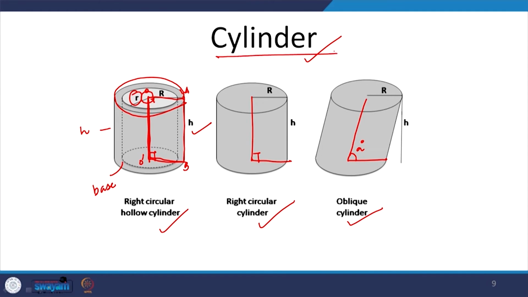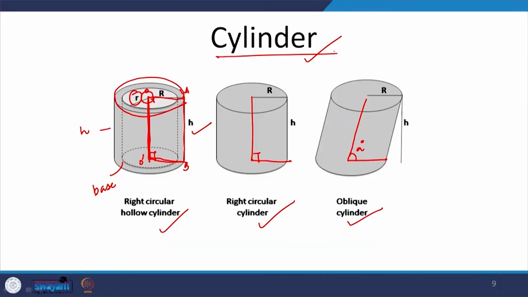So, this is the simple shape of a cylinder, and I do not really have to show it to you, but a cylinder has two circular faces and there is one face which is connecting these two circular faces. So, there is no rectangular face, there is no triangular face which forms the cylinder.